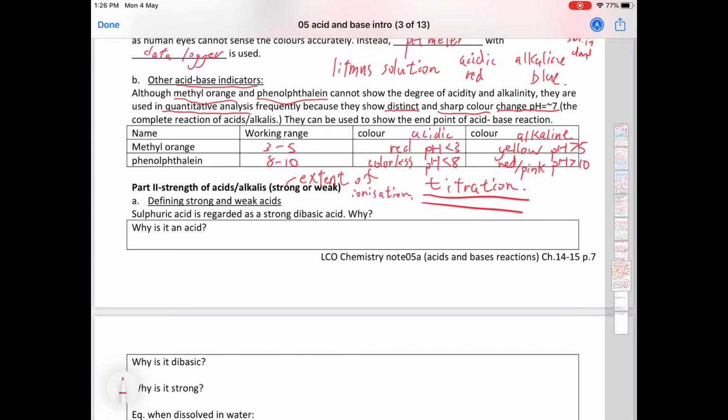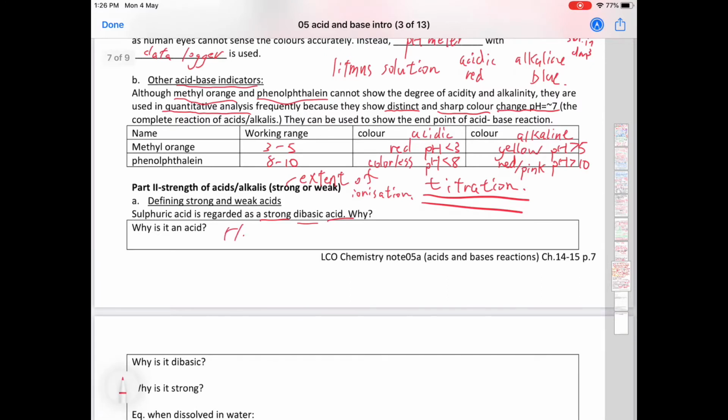So here we just apply the definition, to see why sulfuric acid is regarded as a strong dibasic acid. There are 3 terms you need to explain to other people. First of all, why is it an acid? What's the definition of it?